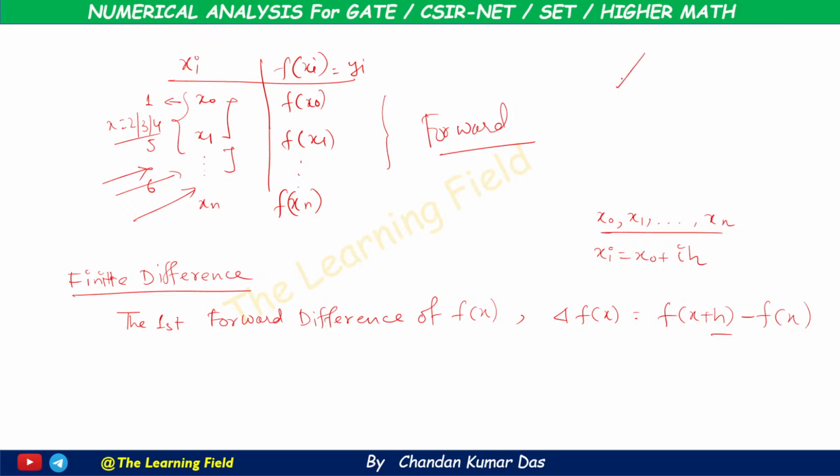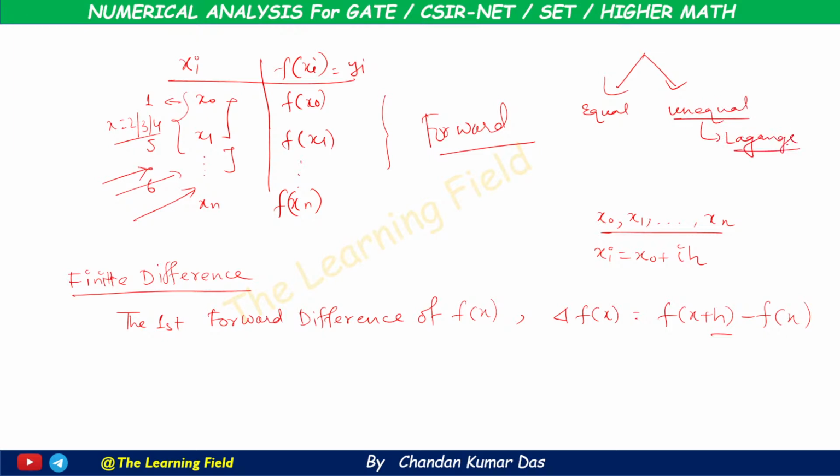We discuss two types of interpolation: one with equal subintervals, where the gap between any two nodes is equal, and the second is unequal.